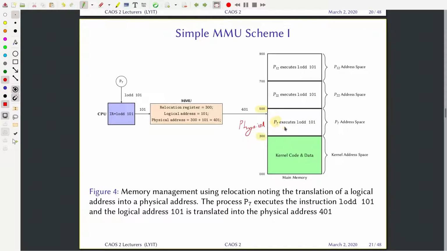So when P7 executes the machine instruction LOD 101, this number here cannot refer to a physical address, because if we allow it to reference a physical address, then we're saying that it can reference this address down here, which is the physical address 101. And the problem with that, very obviously, is that this physical address 101 is inside the kernel's address space.